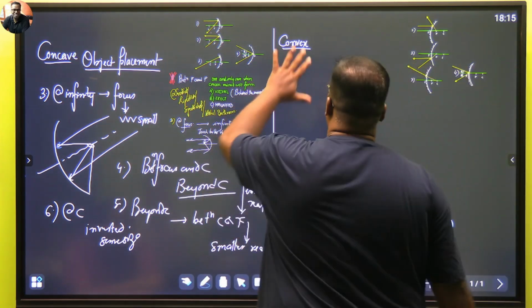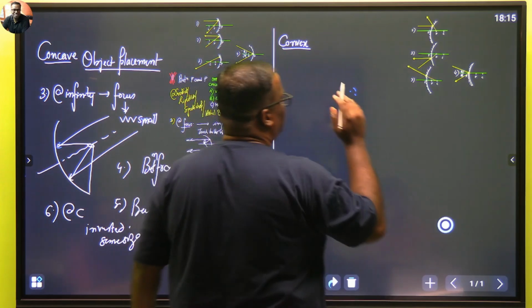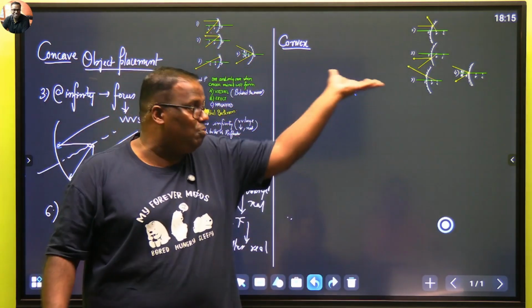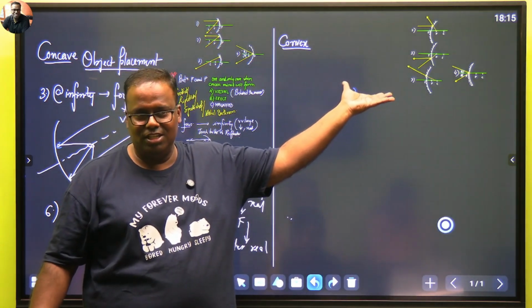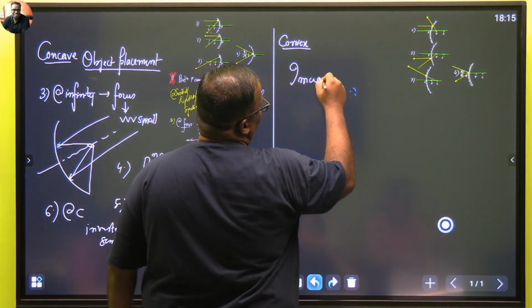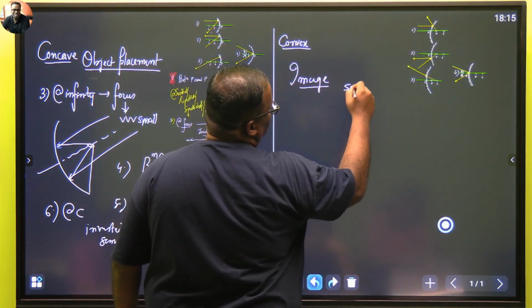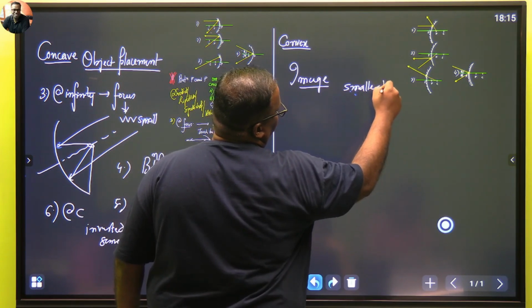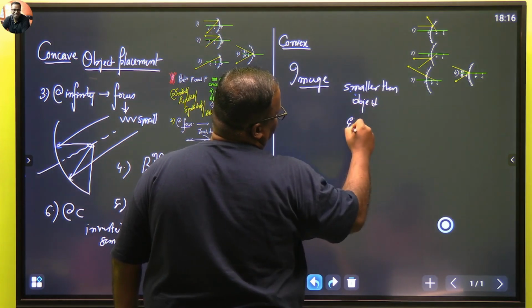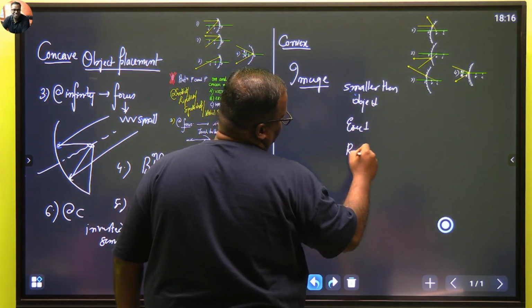In this convex mirror, no matter wherever you place your object, your image will always be smaller than the object. It will be erect and it will be real.